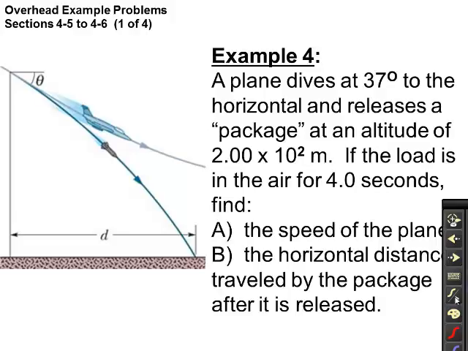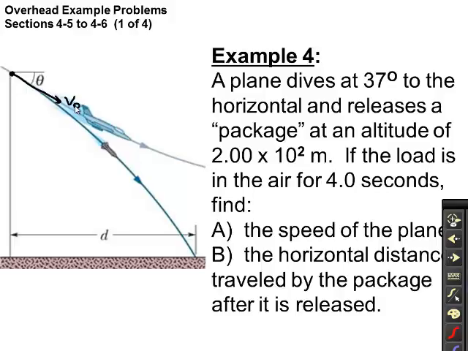Now, when it was released over here, it was moving at some angle below the horizontal. And that's V naught. Okay? The speed of the plane when it's released and the speed of the package when it's released are the same.